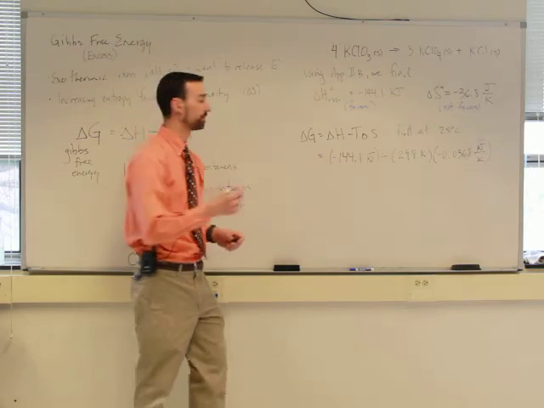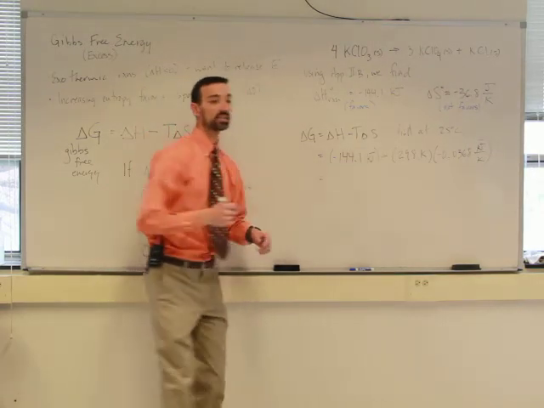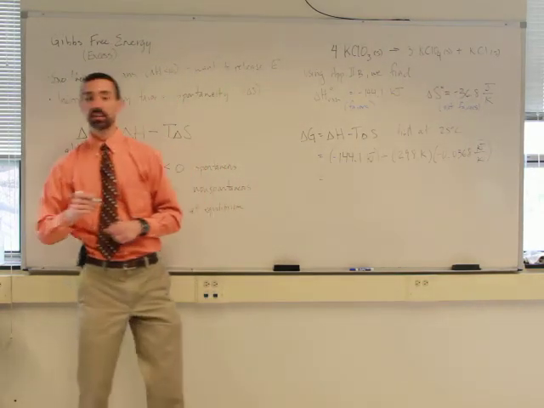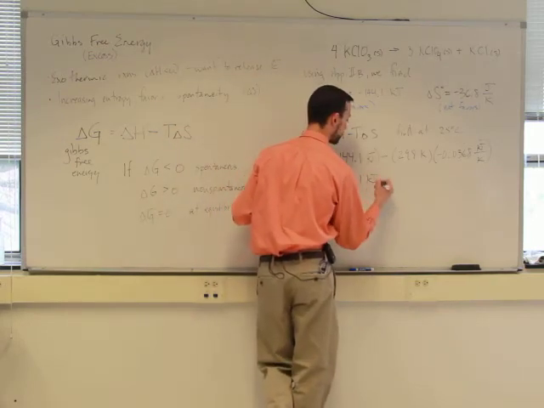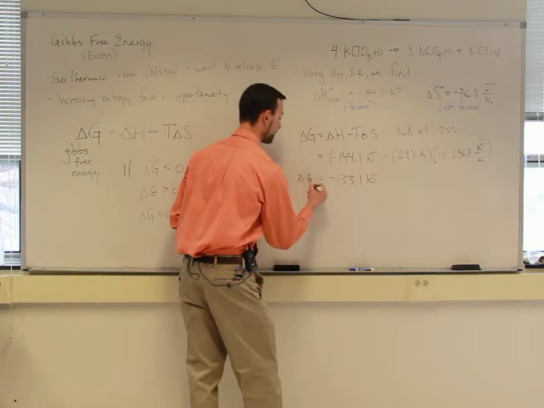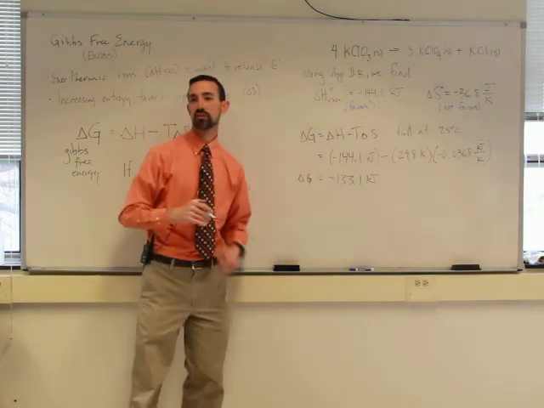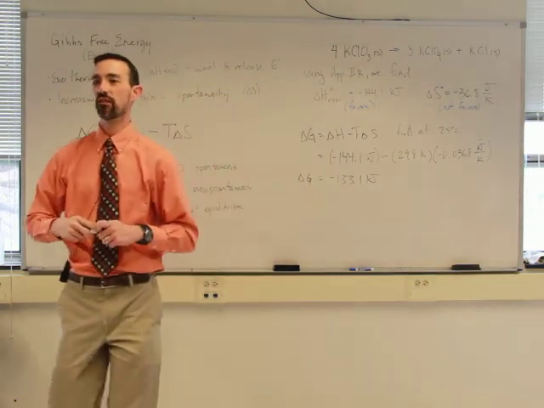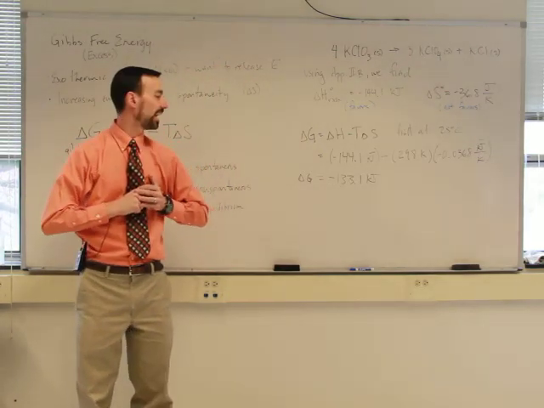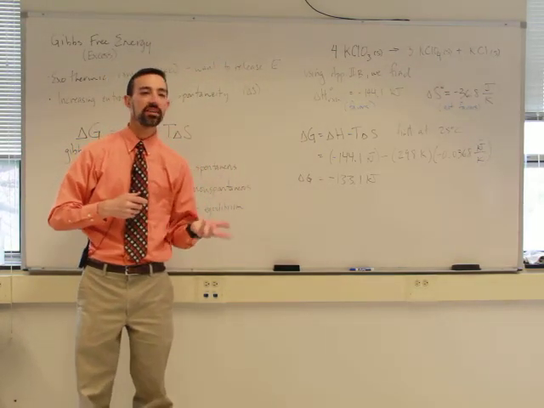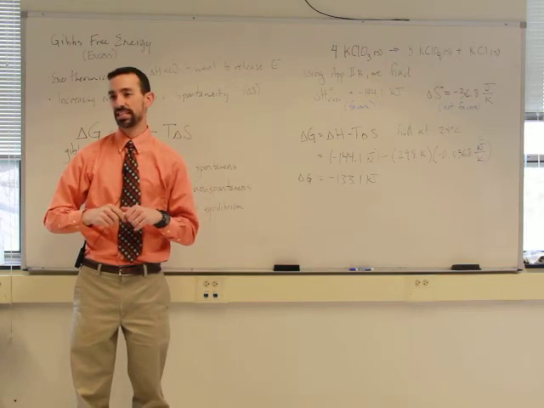So, okay. When this is all said and done, the answer is negative 133.1 kilojoules. This is a lot of leftover energy, right? We had 144,000 joules that we wanted to give off, and we had to pay 11,000 joules in tax.